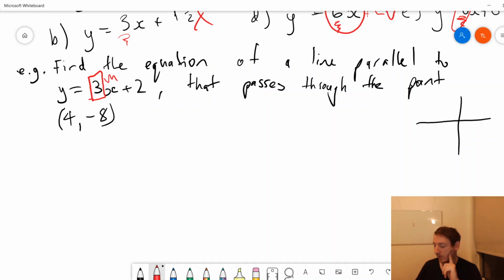So we need a gradient of 3. So it's going to be a pretty steep line. And it passes through a point 4 across, 8 down. So it's there. Just make it a bit bigger so it looks like I didn't miss. And there we go. Our line's going to be looking something like that.